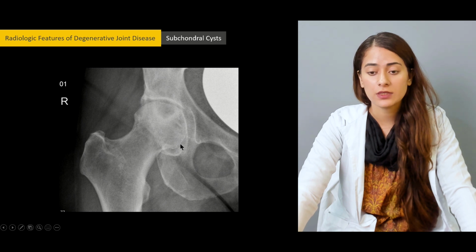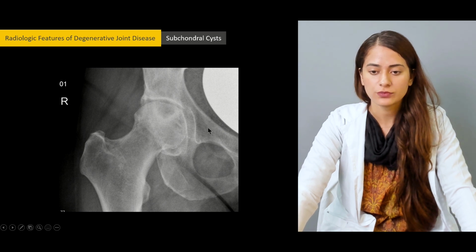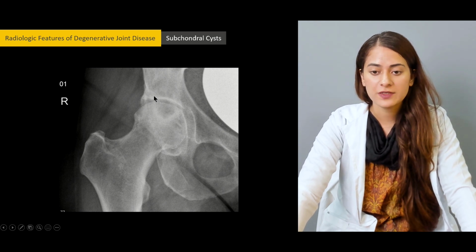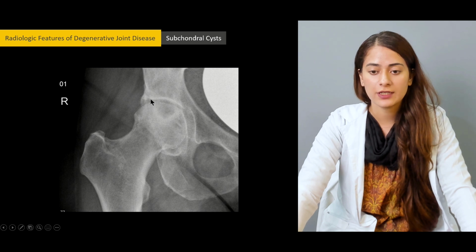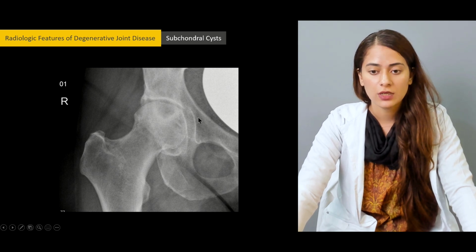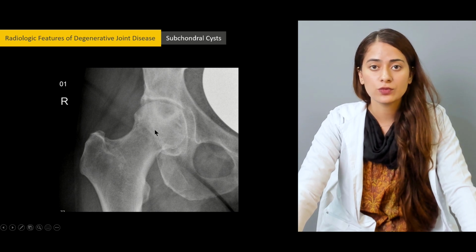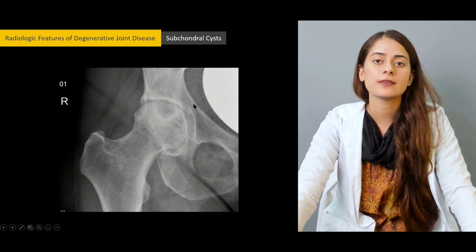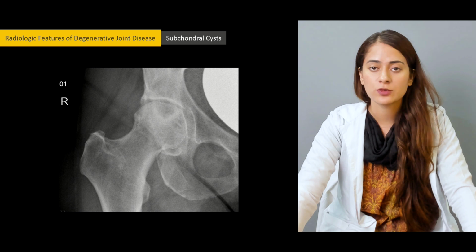So now let's talk about subchondral cyst, which is also a degenerative joint disease. What happens in this is actually the acetabular fossa. This is the femur and this is the pelvis bone. So what happens in subchondral cyst is there is massive degeneration due to a cyst formation within the joint capsule or in joint surfaces.